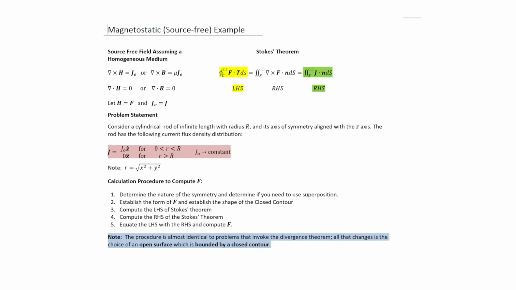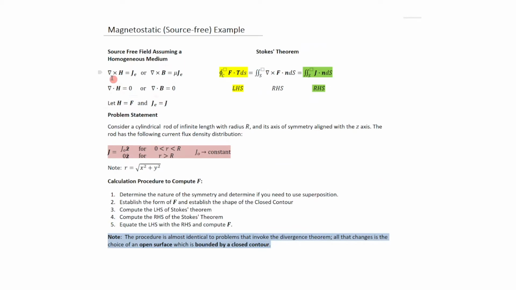Okay, so I'm going to use a magnetostatic example. This is for a source-free field, so these are basically fields involving homogeneous media. That just means these are constant values and don't depend on position. We can describe this problem in terms of a magnetic field or a magnetic flux density.